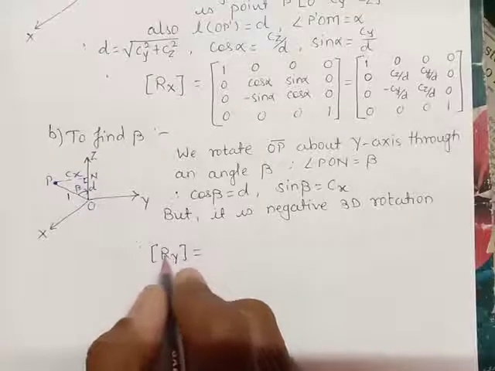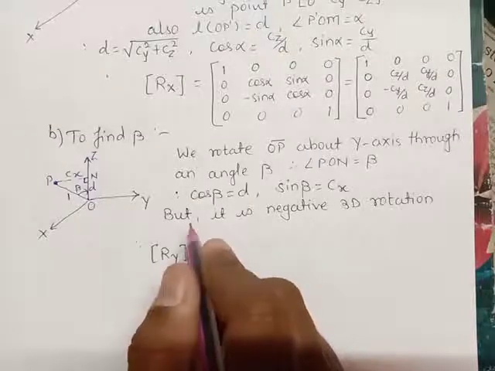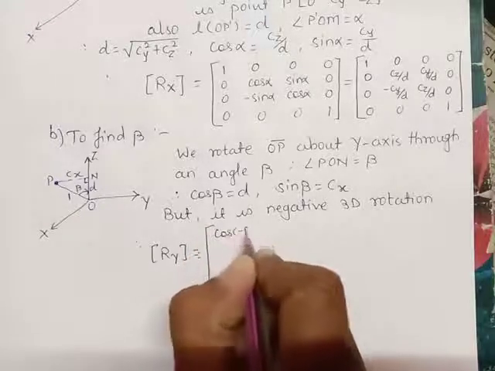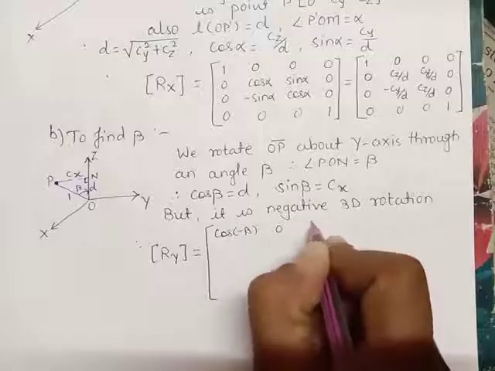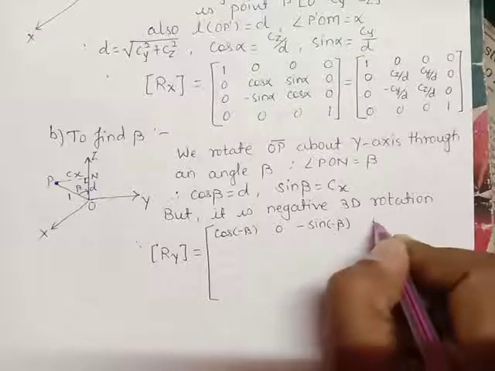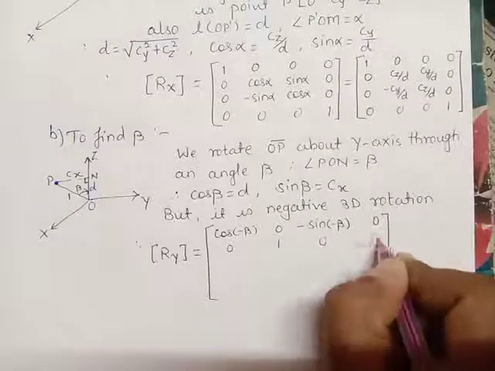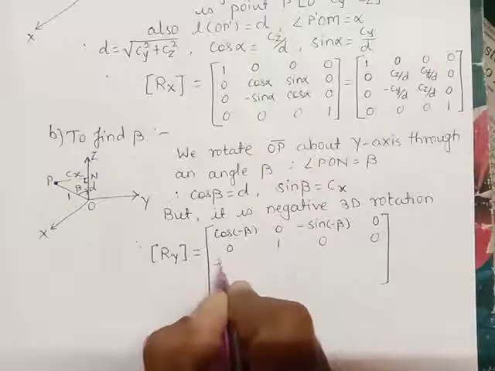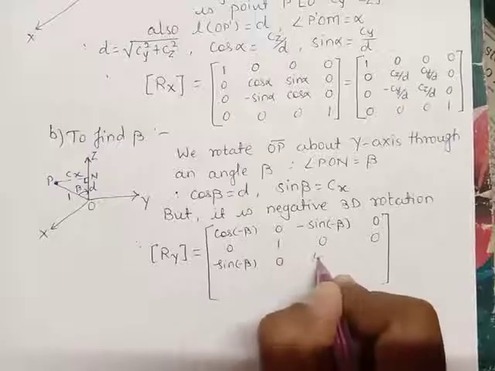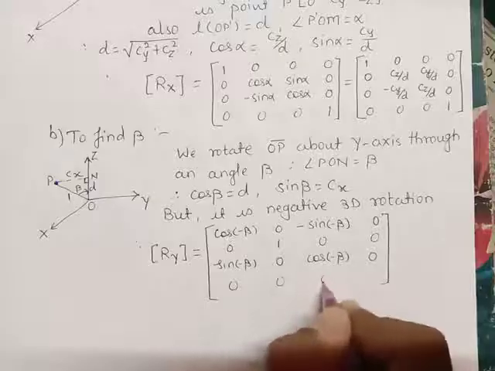It will be cos of minus beta, 0, minus sin of minus beta, 0. Then 0 1 0 0. Here sin of minus beta, 0, cos of minus beta, 0, 0 0 0 1.